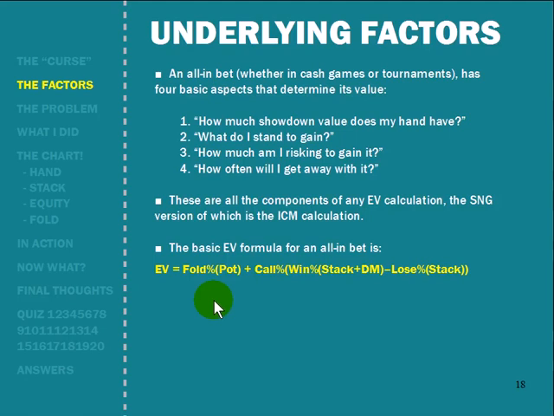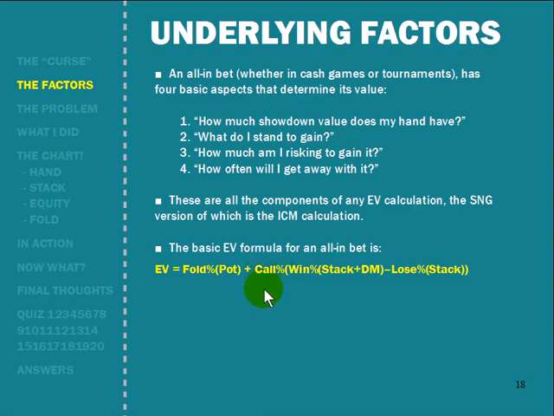Now, I'm not going to read it, but I'm going to explain it. So basically, it says that the expected value for an all-in bet that you make, and this is for a cash game, tournament, whatever, is the following. A certain percentage of the time, your opponent is going to fold, right? And when he does, you're going to win the pre-flop pot, right? And a certain percentage of the time, he's going to call.